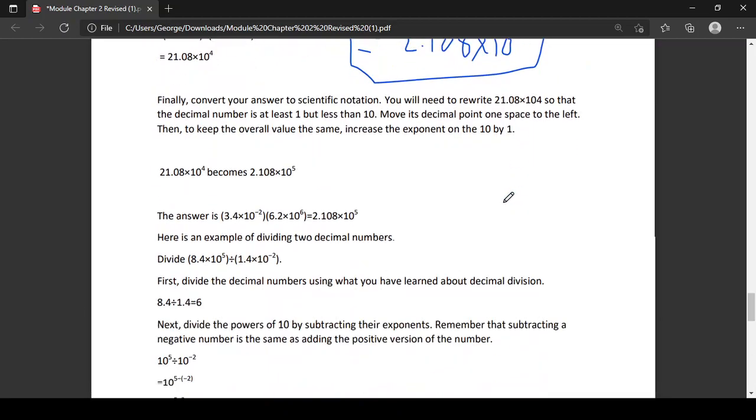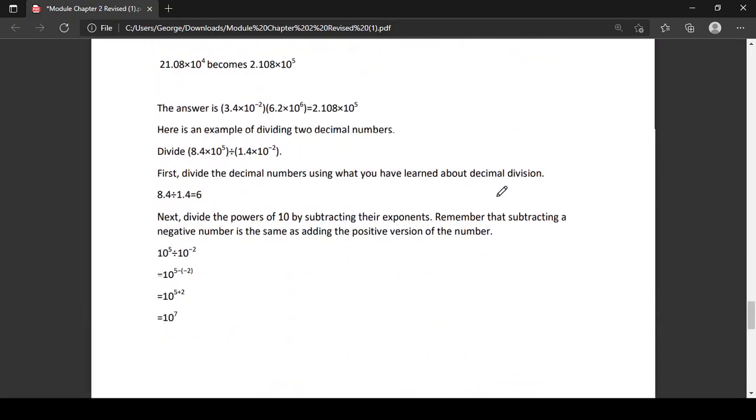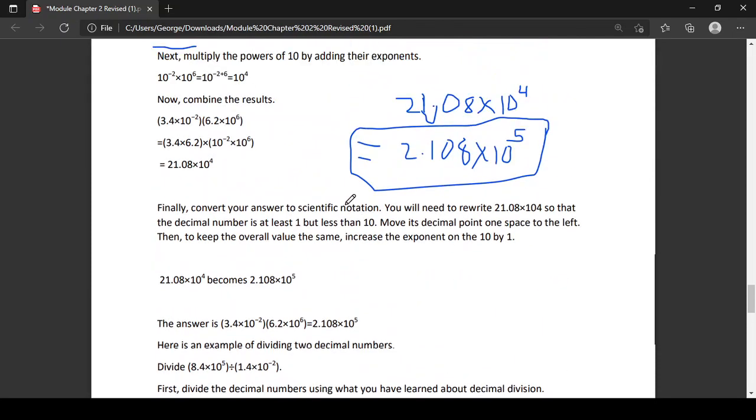Okay, if we divide, what do you have to do when you are dividing? Multiplying factors.